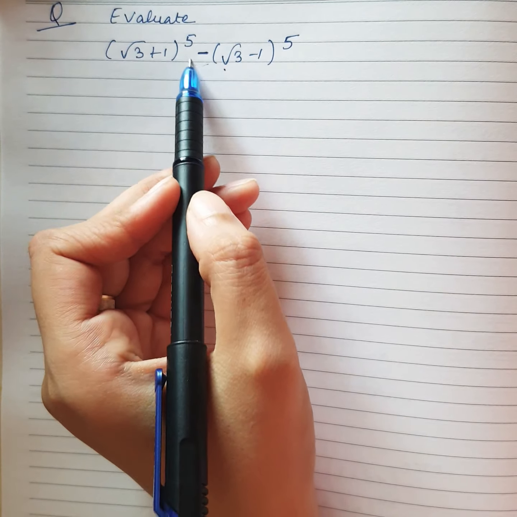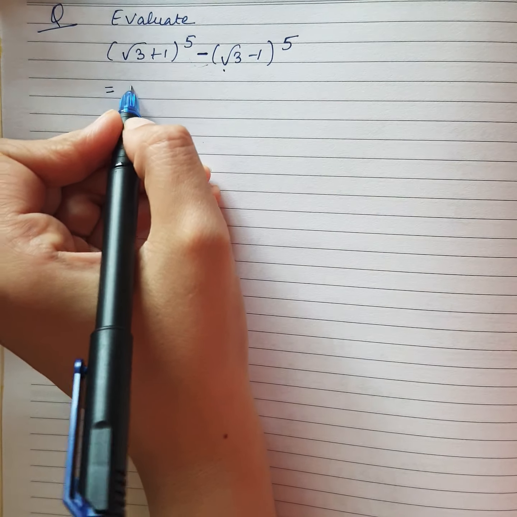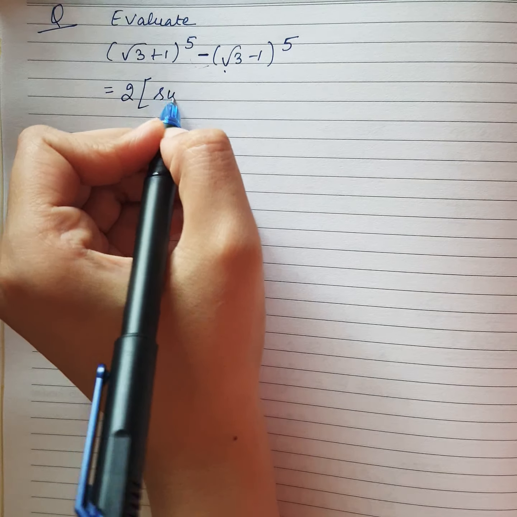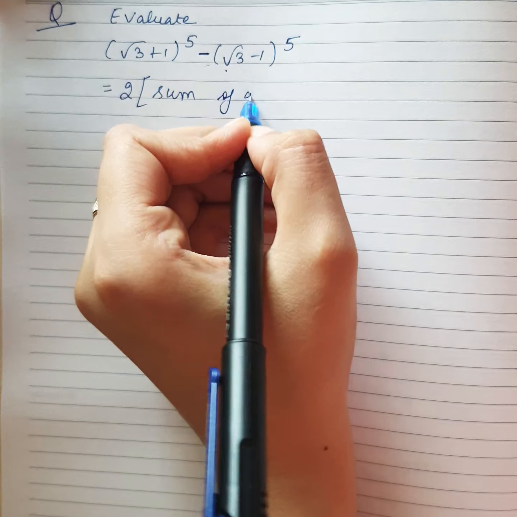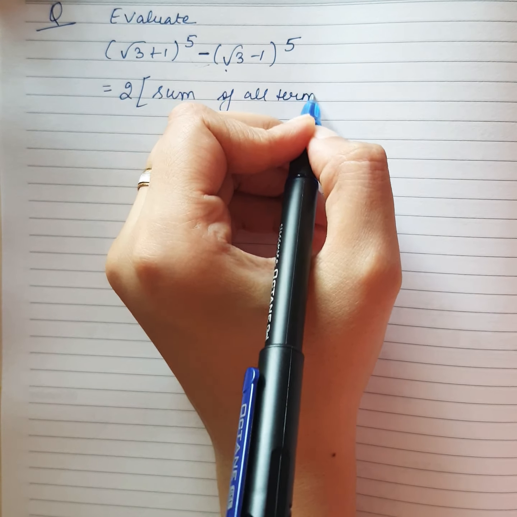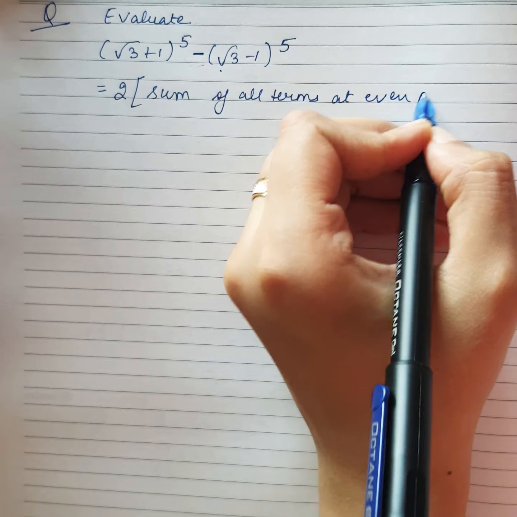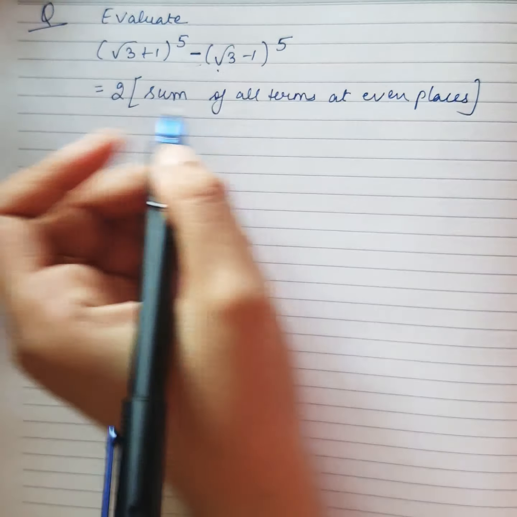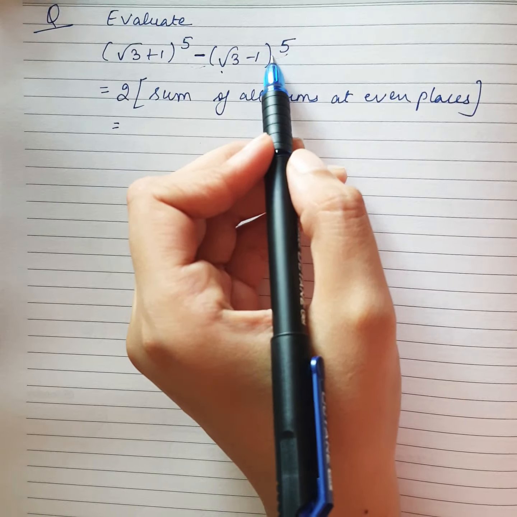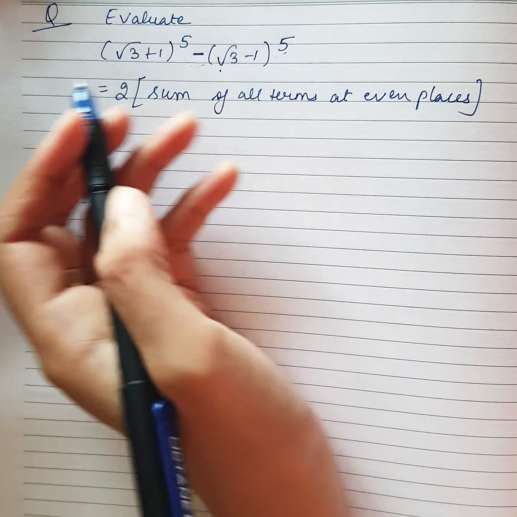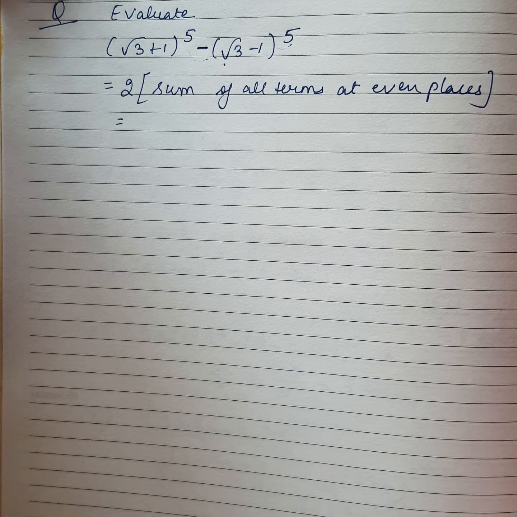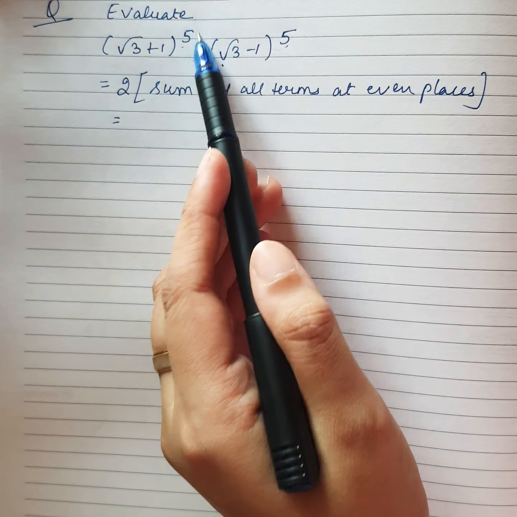Now one question, evaluate this. If you remember, in case of subtraction it was twice the sum of all terms at even places or odd places? It is even places. That means first of all, the total number of terms: this is the negative case of odd.